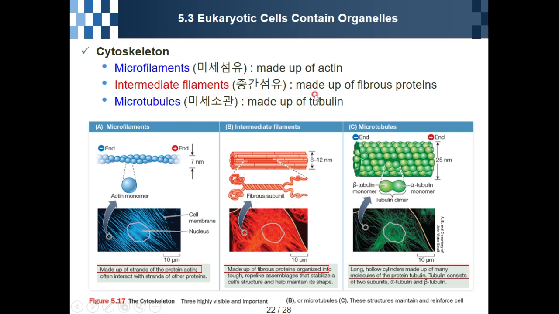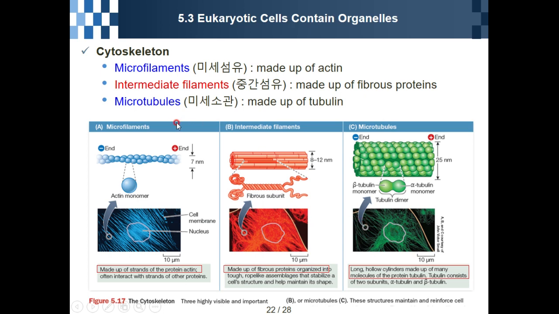They are made up of fibrous protein. So this is one cell, the nucleus is located here, and you will see lots of intermediate filaments located in the cell.